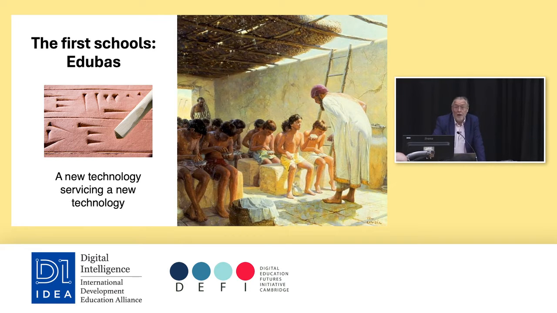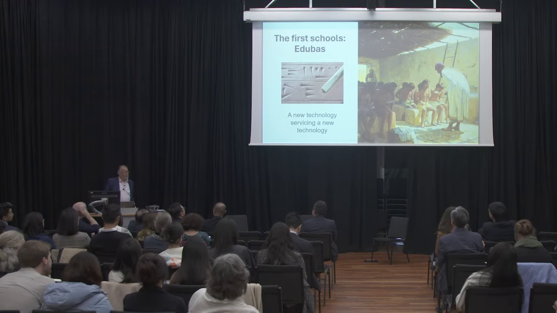Obviously this is a bit of a simplification, but the research is there. They were created to deal with the complexity of large numbers of people living together for the first time. So they needed contracts and shared stories, and therefore they needed a technology. And what could be more technological than writing on bits of clay with little sticks? So schools were developed to teach people this skill.